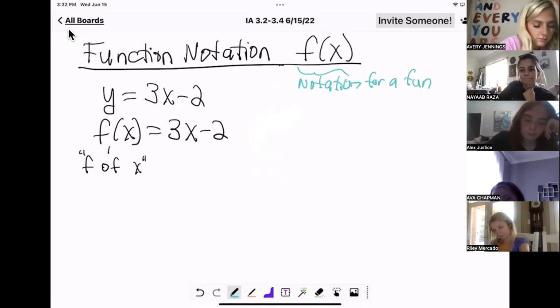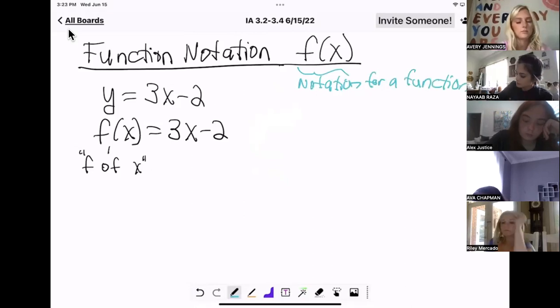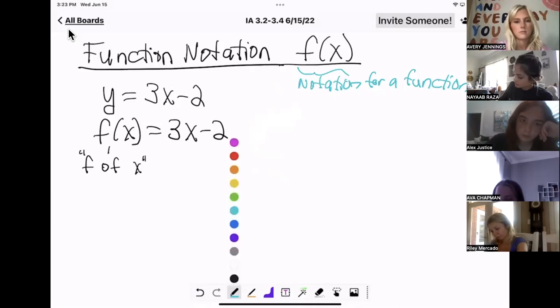Now, what's nice about function notation is that they give you an equation and it has f of x in it. You don't have to ask yourself if it's a function. They're telling you it's a function. So you can't use that notation unless it's a function. For instance, don't write this down, but I'm going to write it so you can see it.